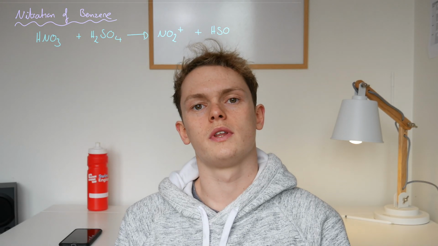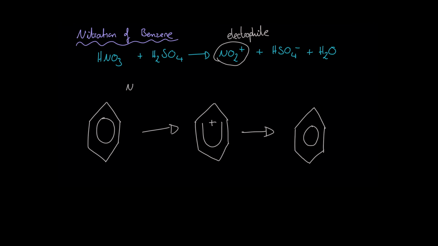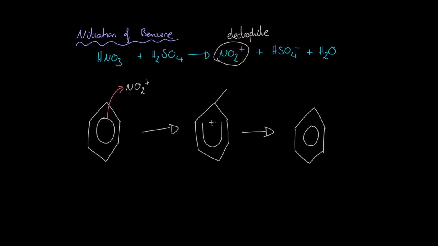Let's talk through this mechanism again. The NO2+ is the electrophile and will accept a pair of electrons from the delocalized ring in the benzene. That's the first step, and that's the slowest step. In the second step, the delocalized ring has been disrupted and is unstable.